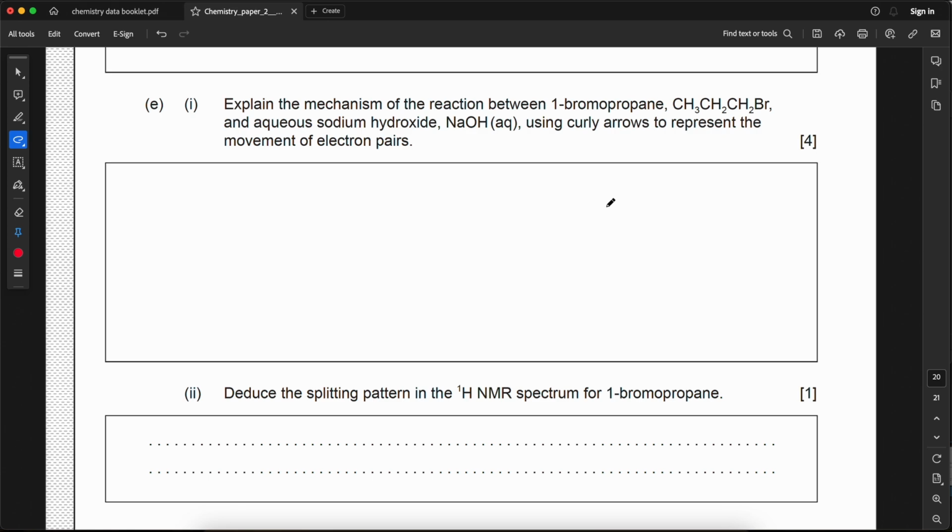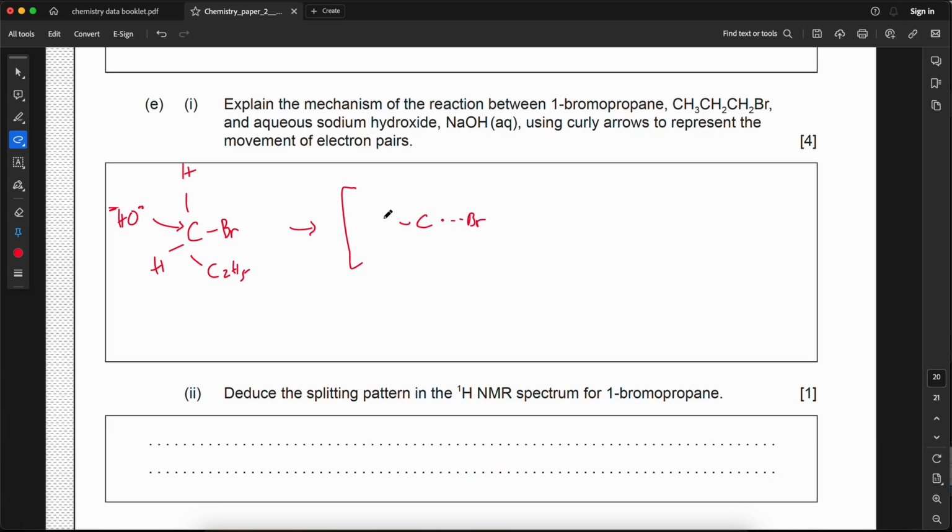Explain the mechanism of the reaction between 1-bromopropane, which is like this, and aqueous sodium hydroxide. So OH minus has a lone pair. It will go here and produce the structure inside the bracket.